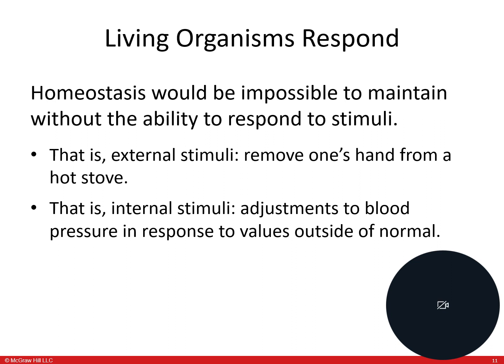So homeostasis would be impossible to maintain if you didn't have the ability to respond to stimuli. Stimuli are what excite the body into thinking, oh, something's changing, we have to respond to the change. Like, for instance, if I walk outside and it was 70 degrees yesterday and today it's 17 degrees, which is exactly what happened about 2 weeks ago, when we had that huge shift in temperature in a 24-hour period.